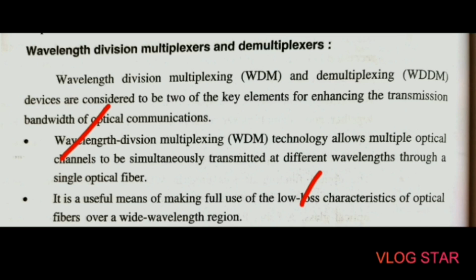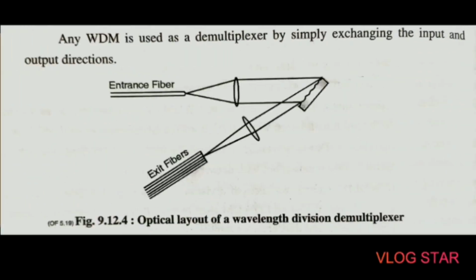In order to implement a WDM based system, a multiplexer is required at the transmitting end to combine optical signals from several sources into a single fiber, and a demultiplexer is needed at the receiving end to separate the signals into appropriate channels. So any WDM multiplexer can be used as a demultiplexer by simply exchanging the input and output directions.